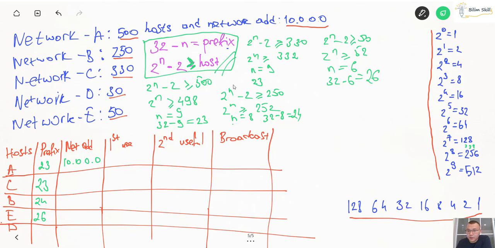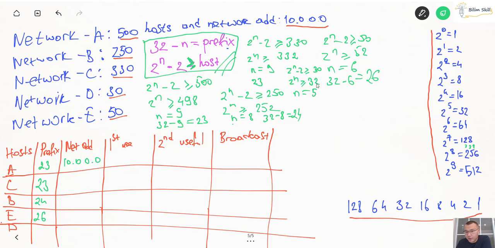D is 30, so 2 power of n is greater than or equal to 30, and 2 power of n greater or equal to 32, and n here will be 5, right?